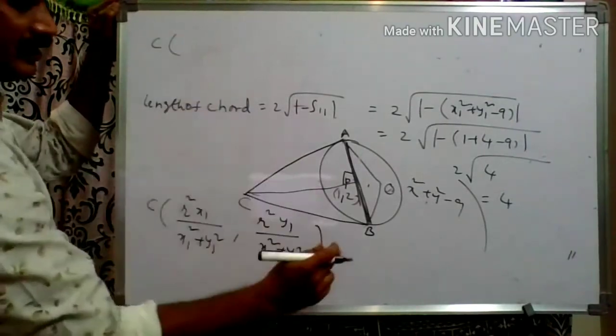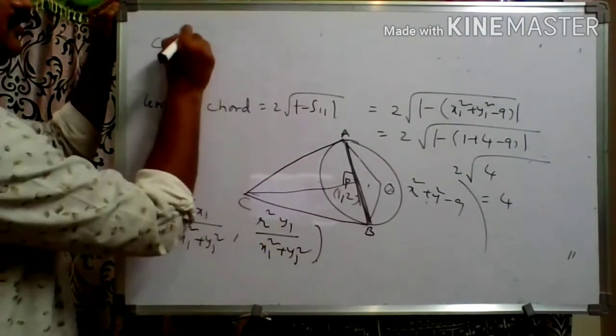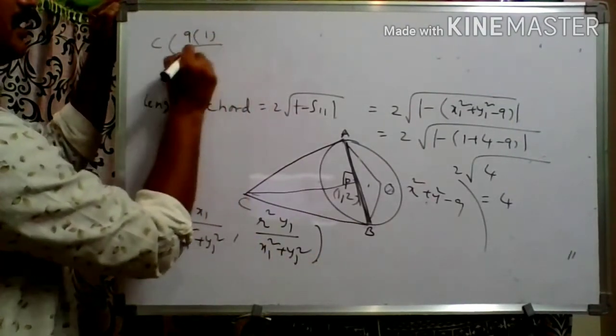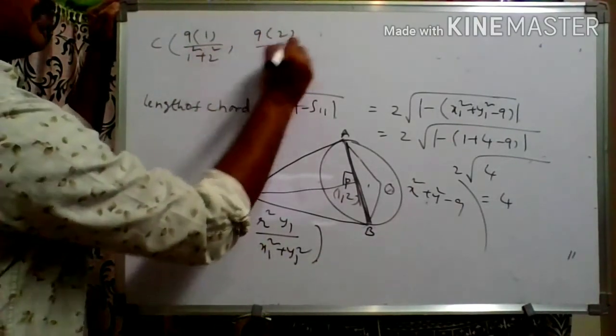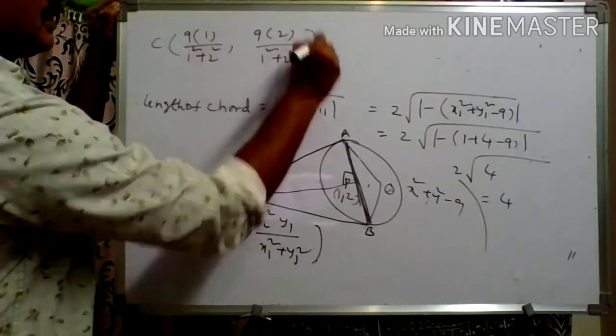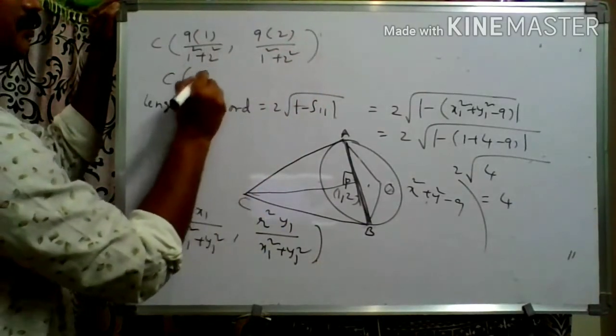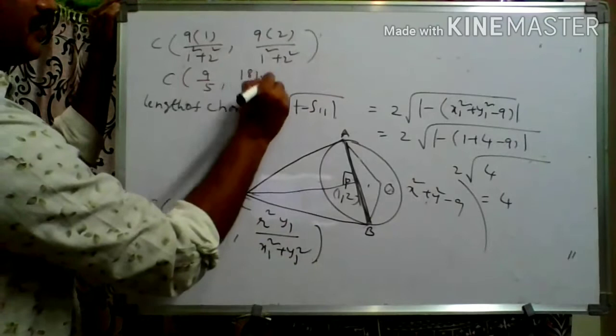What is R square? R square is 9, into x1 which is 1, by 1 square plus 2 square, comma 9 into 2 by 1 square plus 2 square. That is point C, 9 by 5 comma 18 by 5.